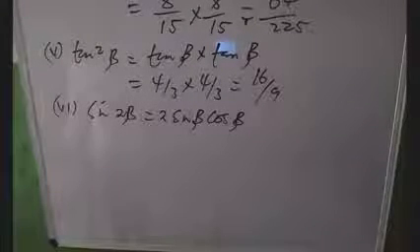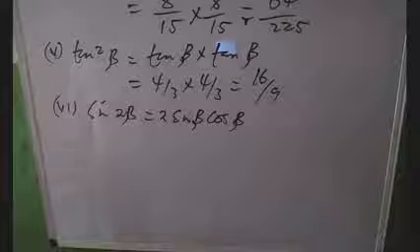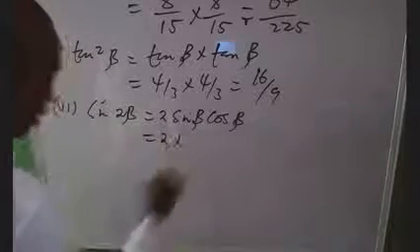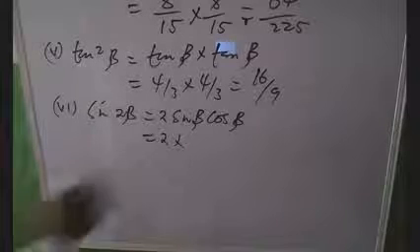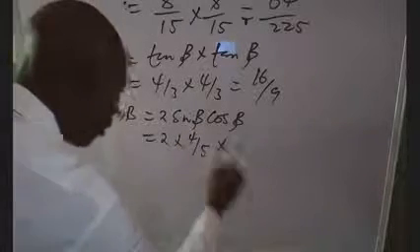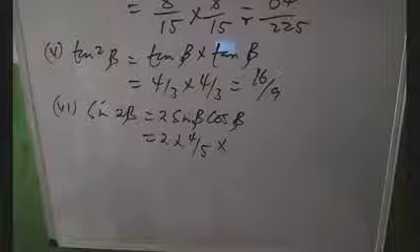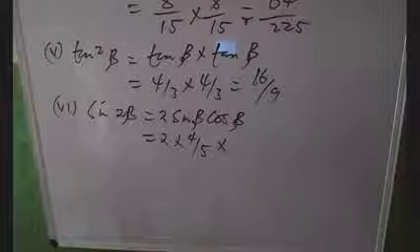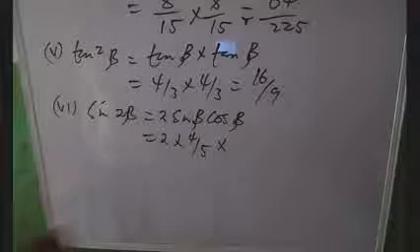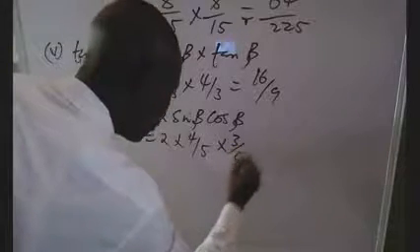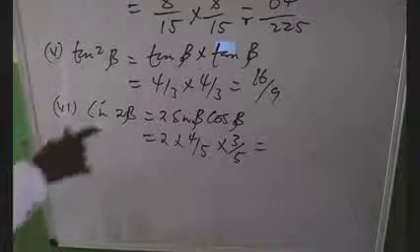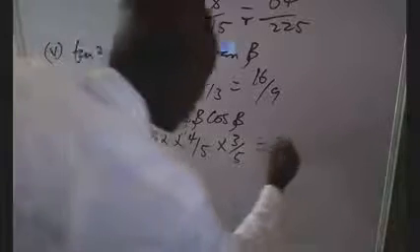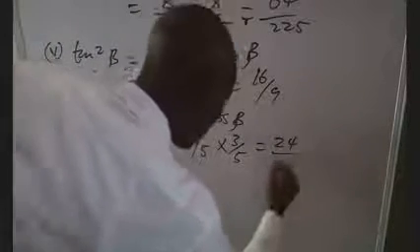So this is equal to 2 times sine beta, which is 4 over 5, times cos beta, which is 3 over 5. So we have 4 times 3 is 12, times 2 is 24. That's 24 over 25.